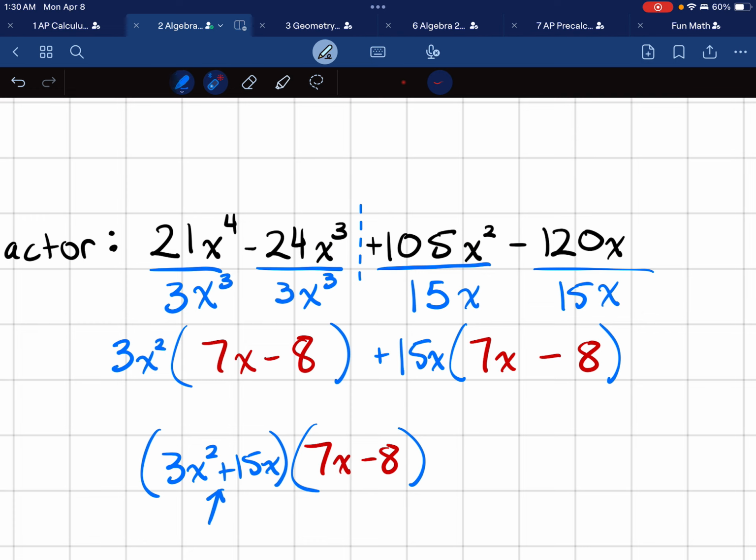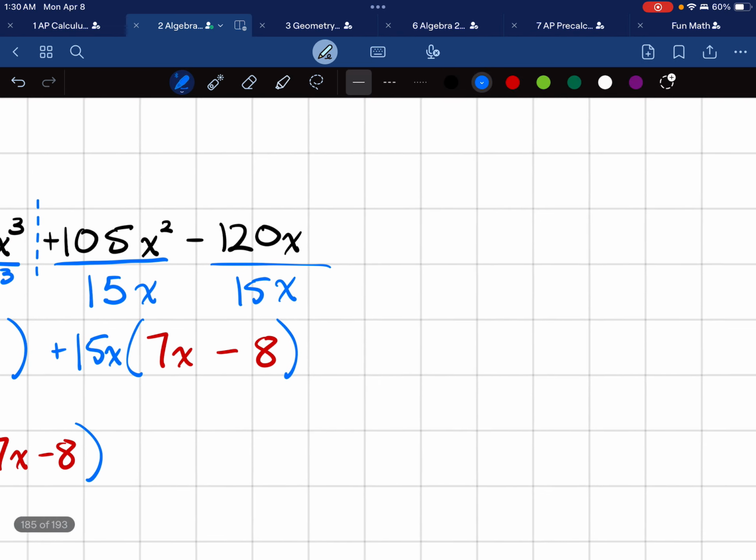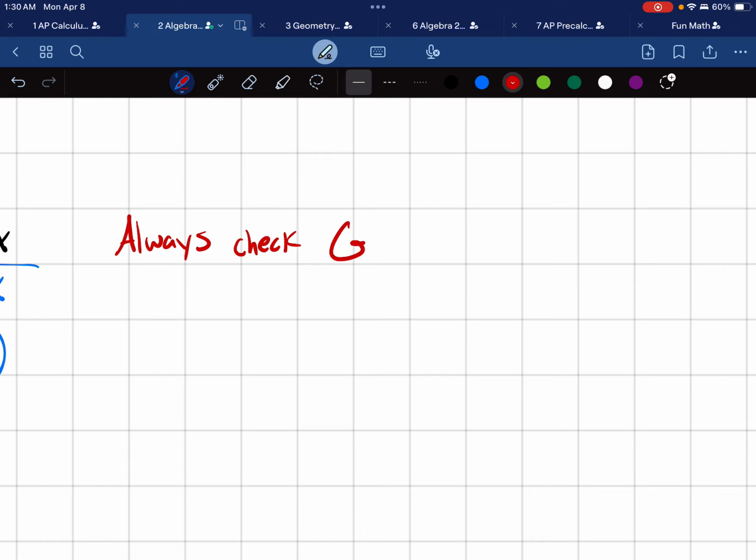I should have factored out a GCF of 3x. So I'm going to write a note off to the side of our notes. Always check GCF of all terms first.